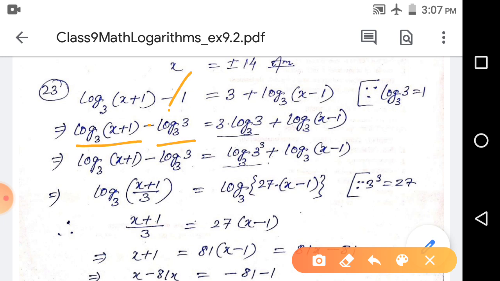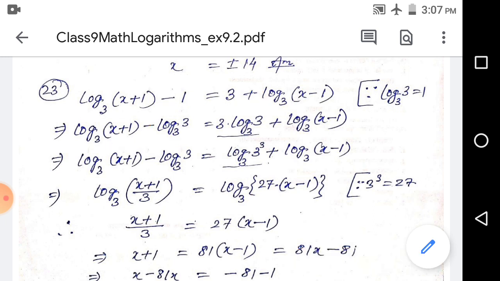Here we have 3, and 3 means 3 into 1. So this 3 remains 3, and this 1 becomes log base 3 of 3.